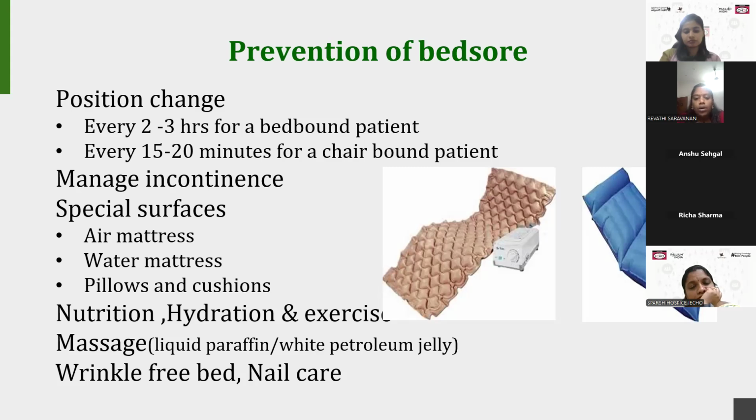So we should advise patients to put cotton cloth on the air mattress and not use it raw. Pillows and cushions should be wrinkle free and very soft. Some caretakers give rough cloths or rough surfaces to patients, so we should ask them to avoid those things.